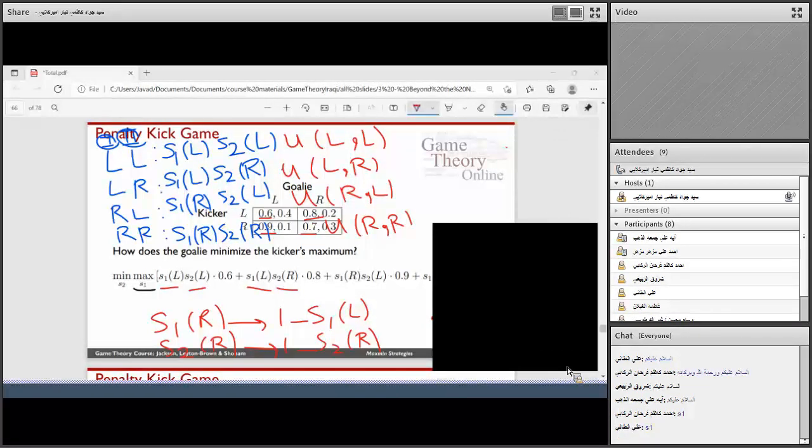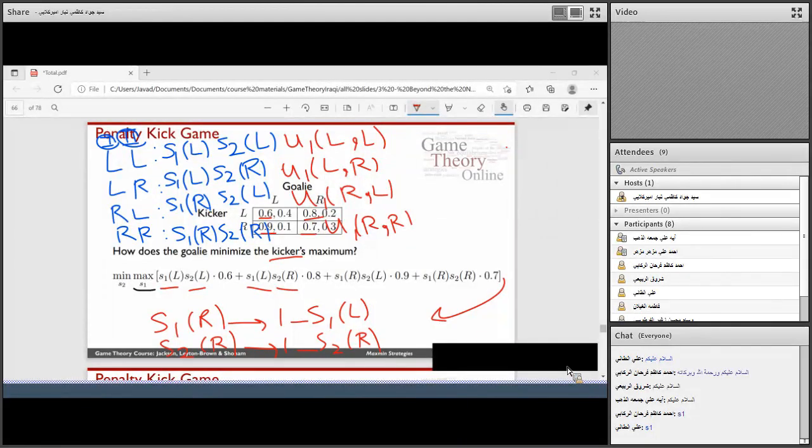We are going to find the utility for user 1. That's correct. We want to calculate the payoff for the kicker, which is player 1, so all of these is U1. Now, when both players go to left, what is the payoff for user 1?